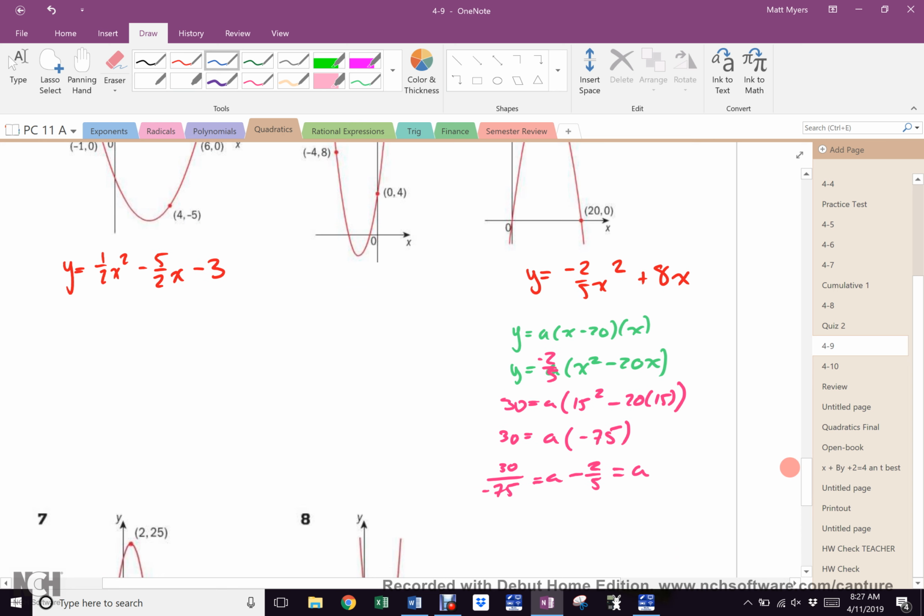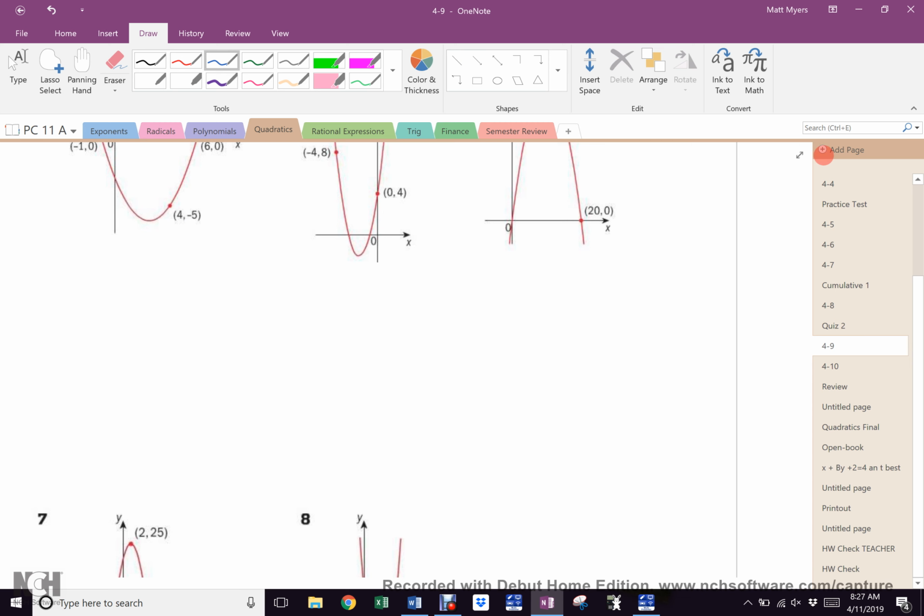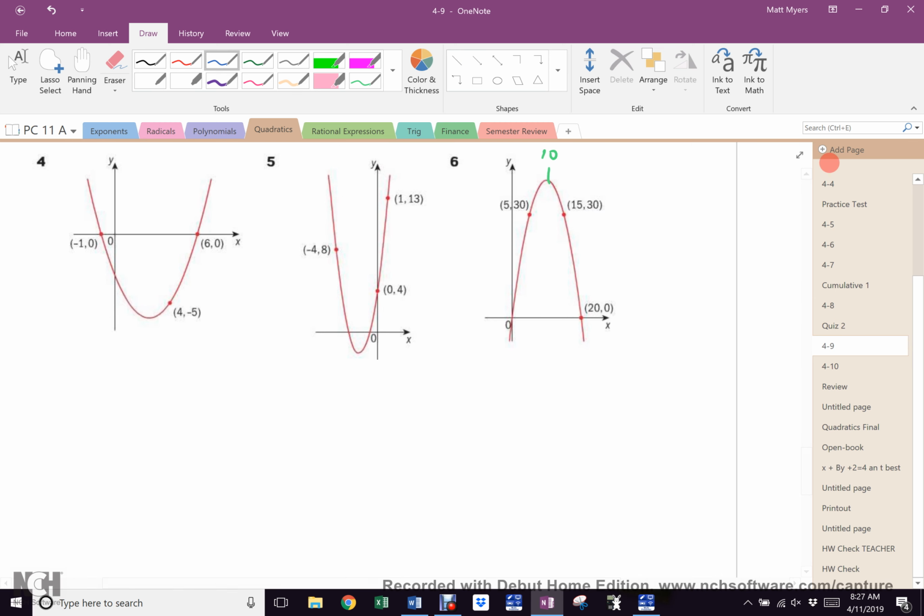Okay. I'm going to clear out a little bit of room here, if that's okay. All that was recorded, so it doesn't matter. All right. So, do I have a vertex? No. Do I have roots?